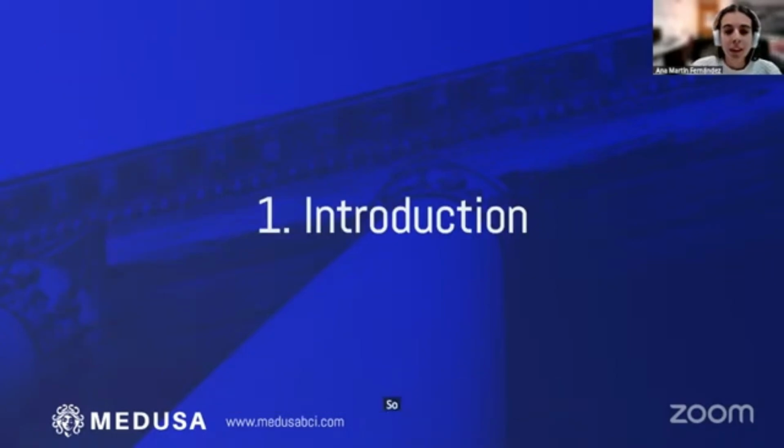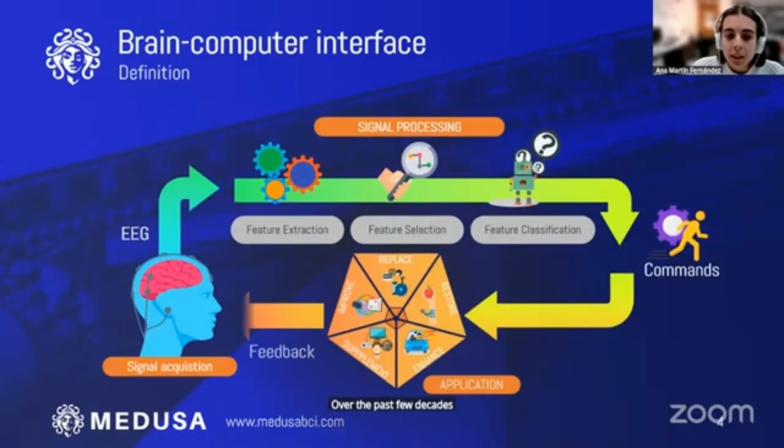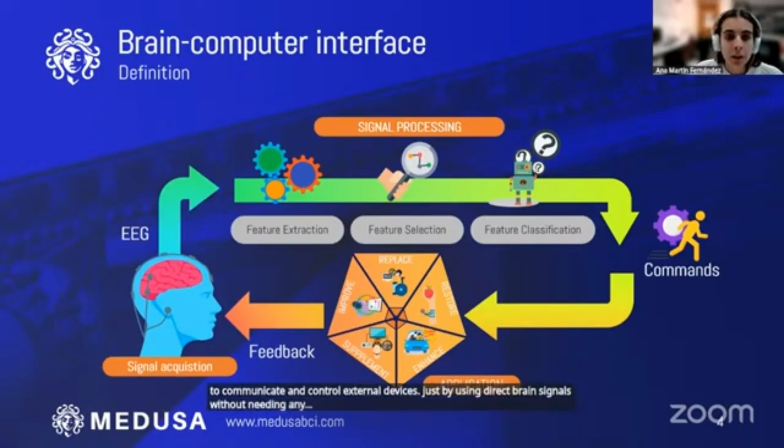So let's start with the introduction. Over the past few decades, direct interaction with the environment through brain activity has evolved from a concept and just an illusion to a practical reality. Driven by advances in communication technologies and neurotechnologies, brain-computer interfaces emerge as systems that enable users to communicate and control external devices just by using direct brain signals, without needing any muscle activity or peripheral nerve activity.